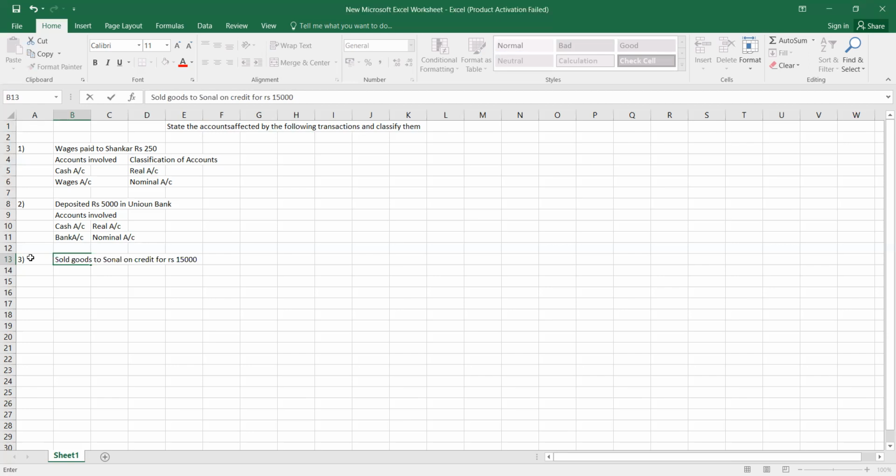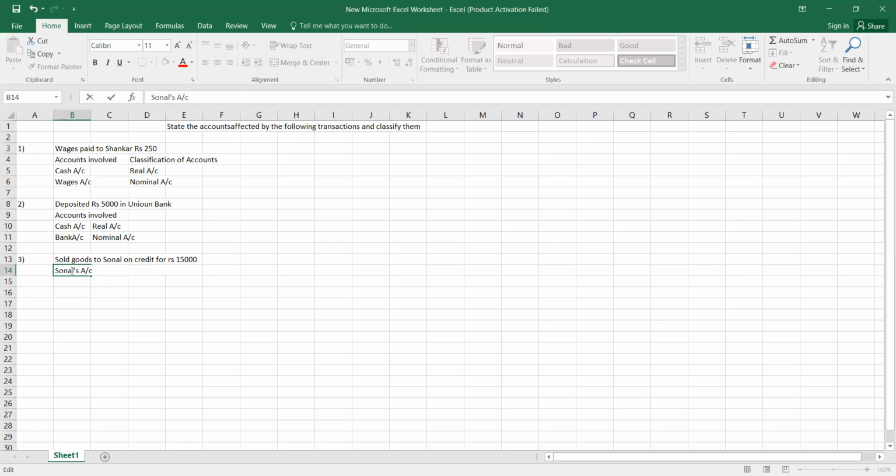So the first account will be Sonal's account, because this has been sold on credit. Please take note, when it is done on cash basis it is different, but in this case it is done on credit basis. So the account involved is Sonal's account.